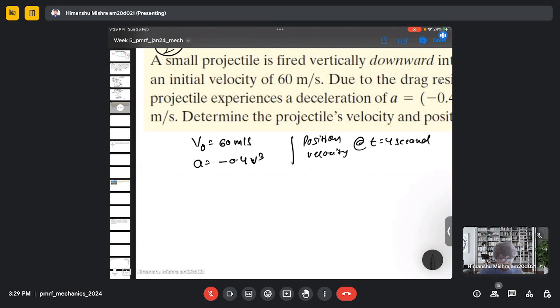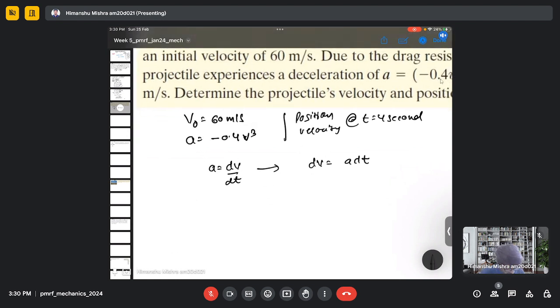So since we have given the acceleration, we can actually write down the expression of acceleration, which is dv by dt. And in order to calculate the expression for velocity, we can write this as dv equals a dt.